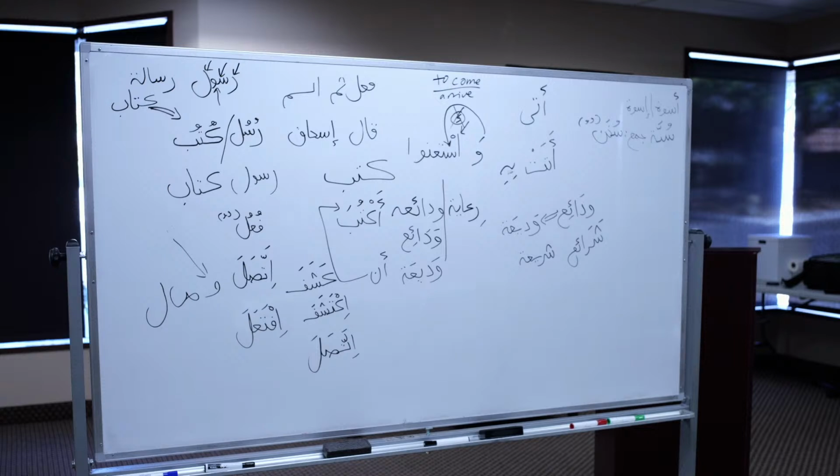So akkada is on the wazn fa'ala, akkada yu'akkidu, mu'akkad, mu'akkad, right? Something is mu'akkad. So, من سنن، من السنن، من مؤكدها.